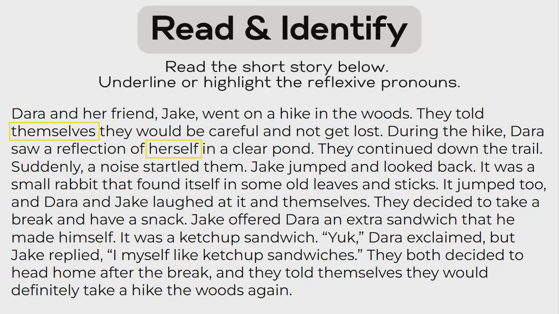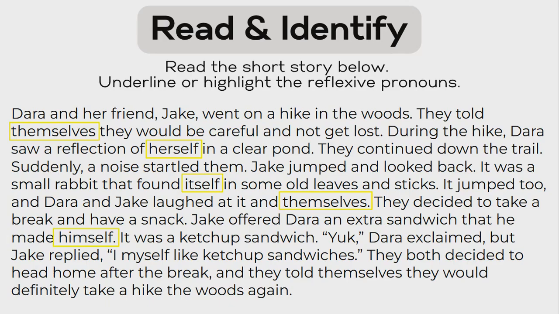Jake jumped and looked back. It was a small rabbit that found itself in some old leaves and sticks. It jumped too, and Dara and Jake laughed at it and themselves. They decided to take a break and have a snack. Jake offered Dara an extra sandwich that he made himself.